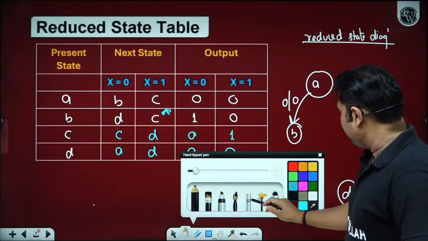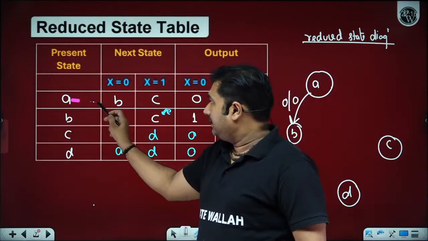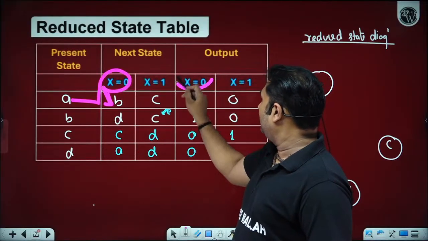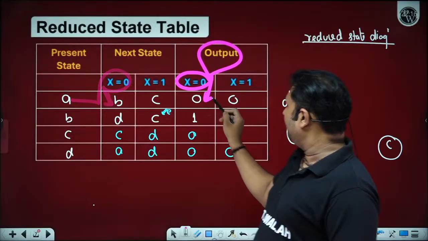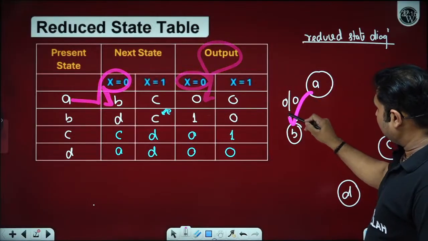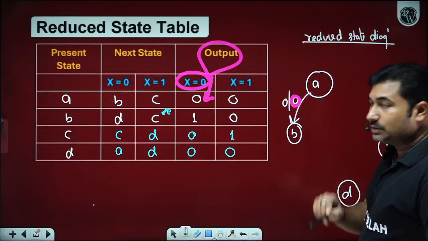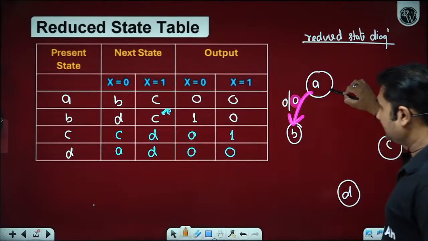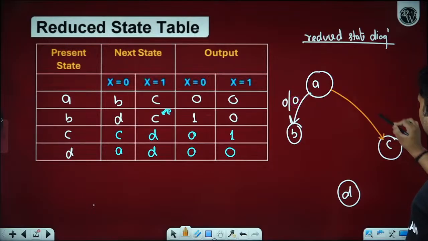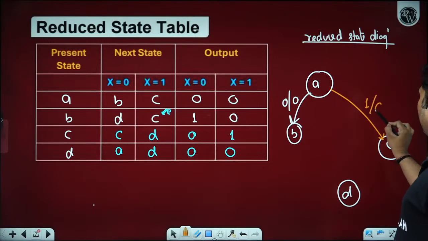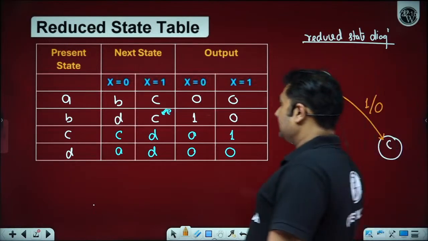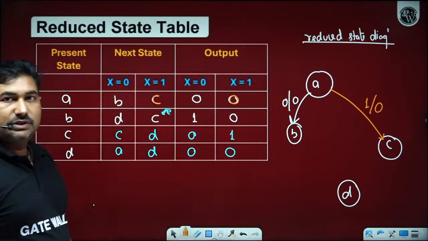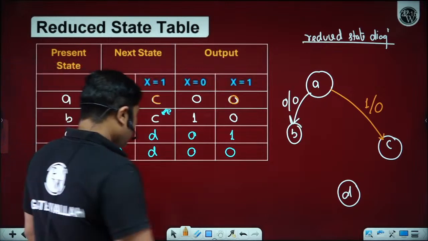With present state A, next state is C with x equals 1, output 0.